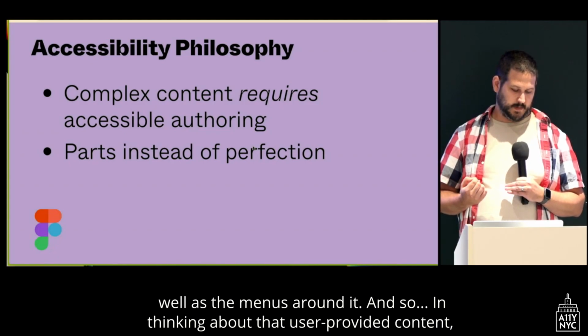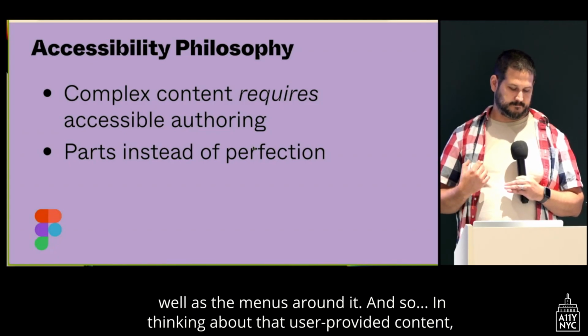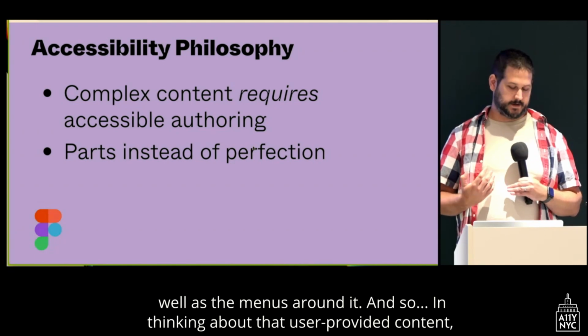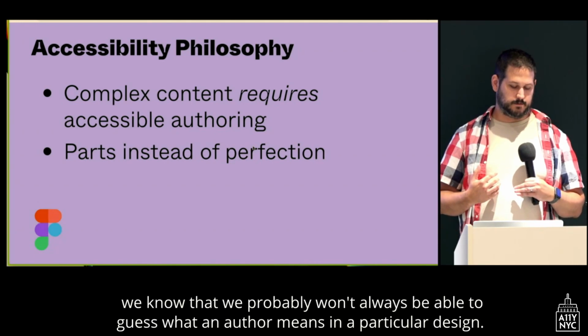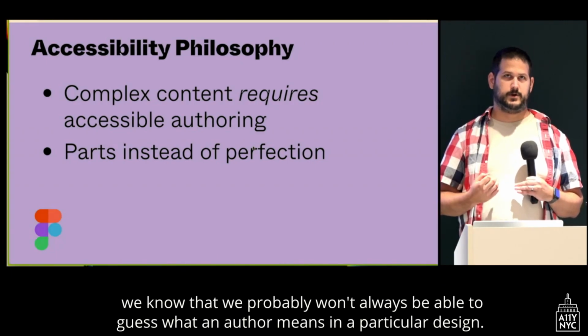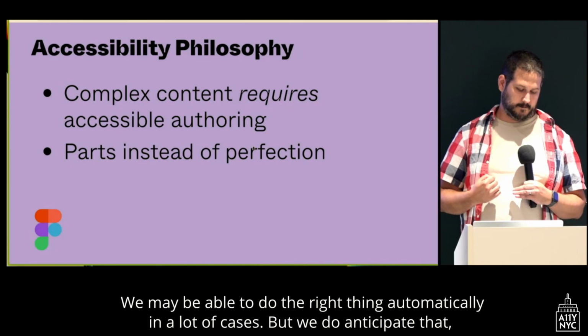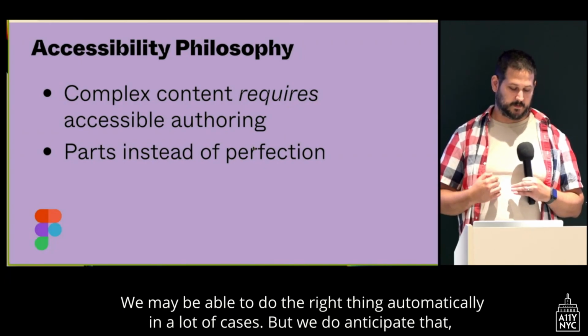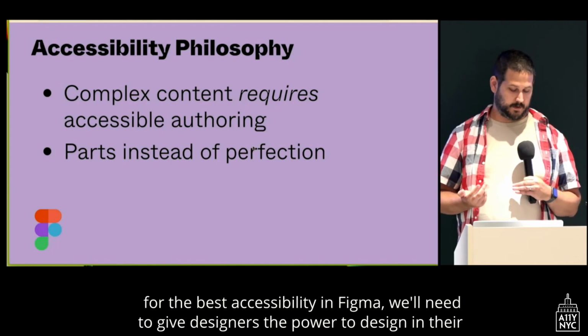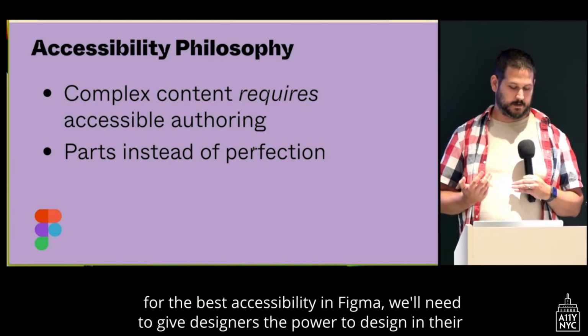And so in thinking about that user-provided content, we know that we probably won't always be able to guess what an author means in a particular design. We may be able to do the right thing automatically in a lot of cases, but we do anticipate that for the best accessibility in Figma, we'll need to give designers the power to design it in their documents.